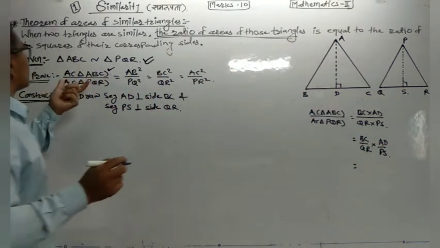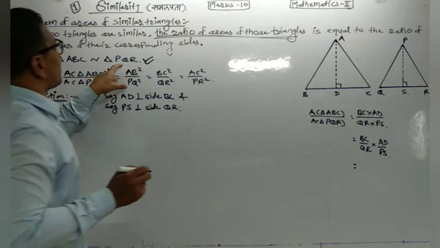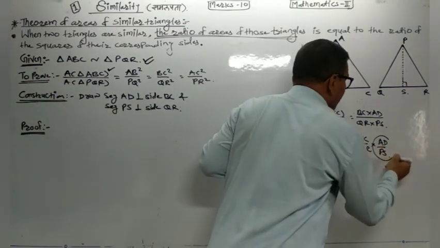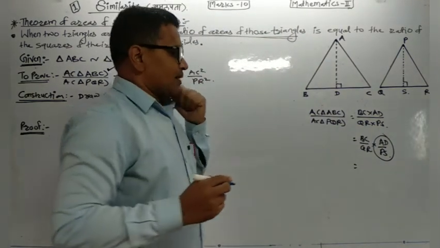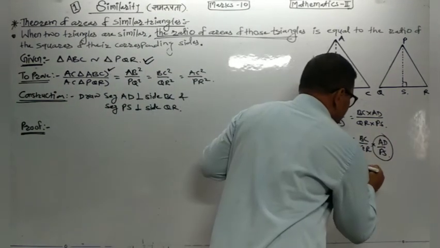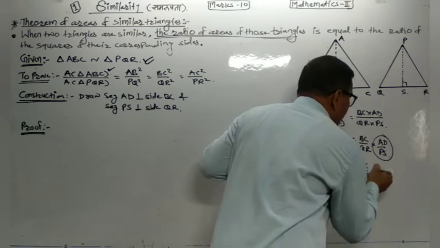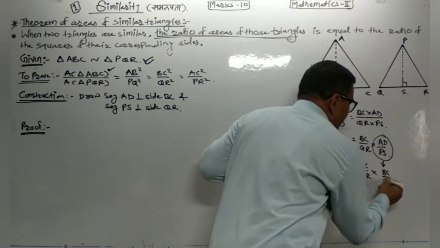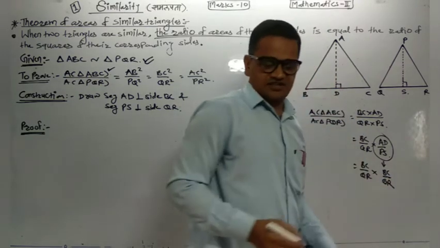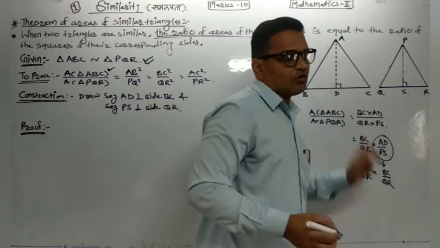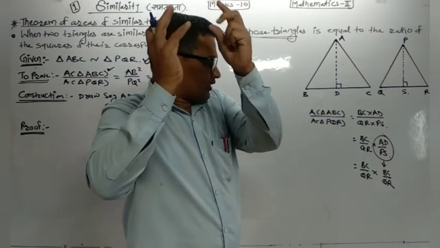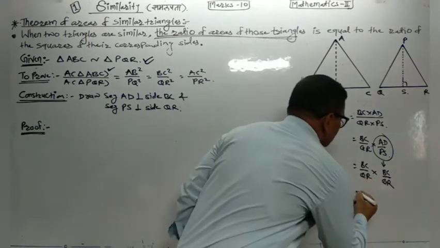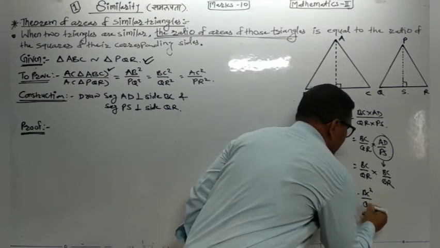But we want to prove that the ratio of areas of two triangles is equal to the ratio of squares of their corresponding sides. If I am able to write BC by QR instead of this AD by PS, that is, AD by PS equal to BC by QR, then we get BC square divided by QR square.